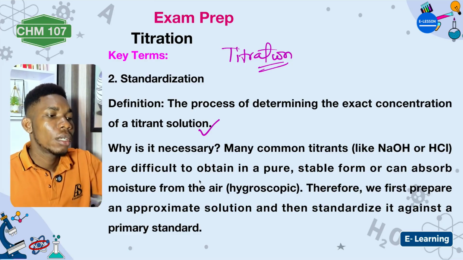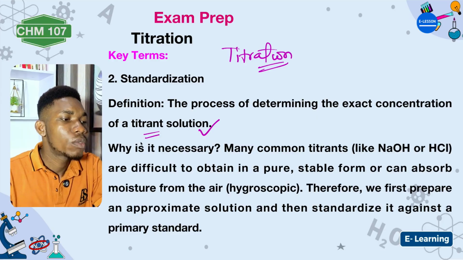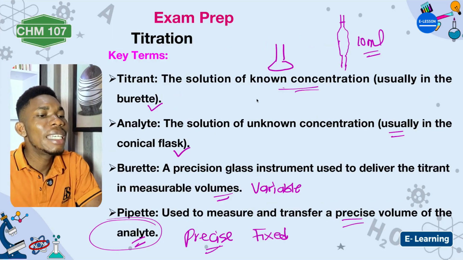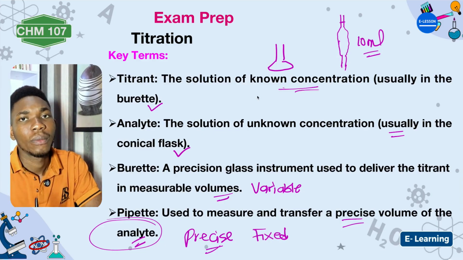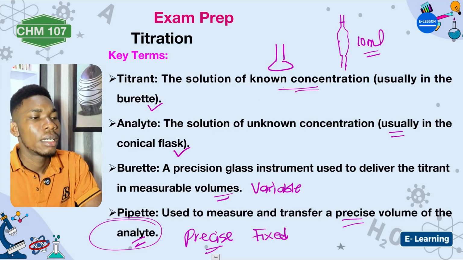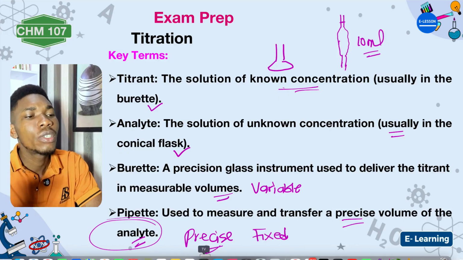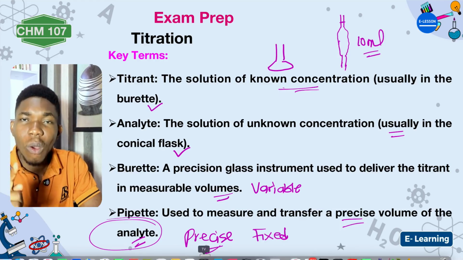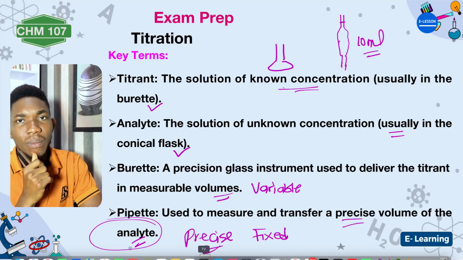What do we mean by that? What did we say concerning the titrant? We say the titrant is that solution whose concentration is accurately known. Are you getting it? That solution of known concentration is the titrant. The process of knowing that true concentration is called standardization.